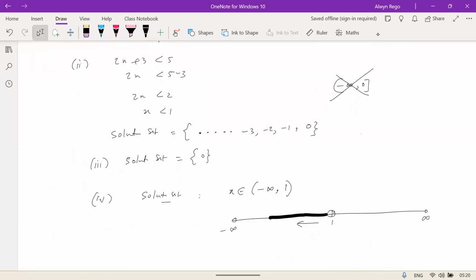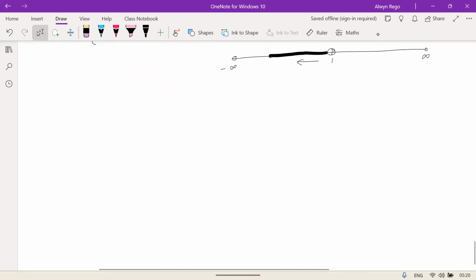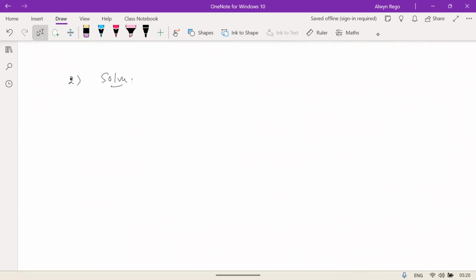So this is how you solve the inequality. Let's take up another question. Let's say the second one, solve. Now when I say solve, I generally mean solve in real numbers. Let's say you have negative 5x plus 3 is, let's say, less than 8.